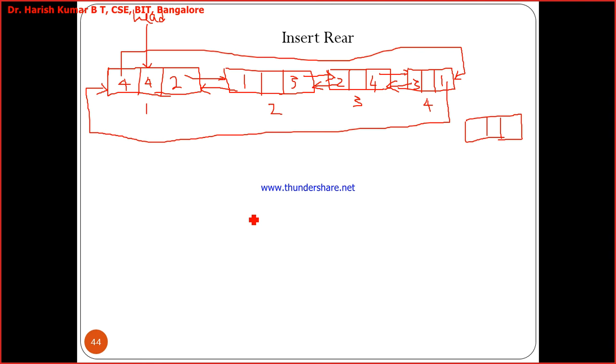Yes, sir. Yeah. So now, see, you got to break these two links. This I have to remove, this I have to remove. Correct, no? And address of this node I have to store here, and address of this node, let me take it as 5. Address of this node should be stored here, and in the right link of my new node, so new is pointing to this.